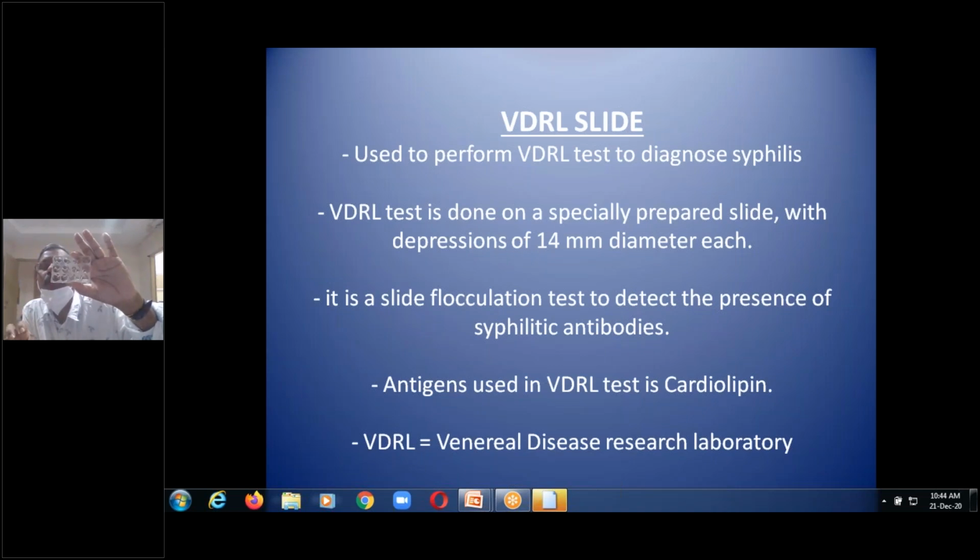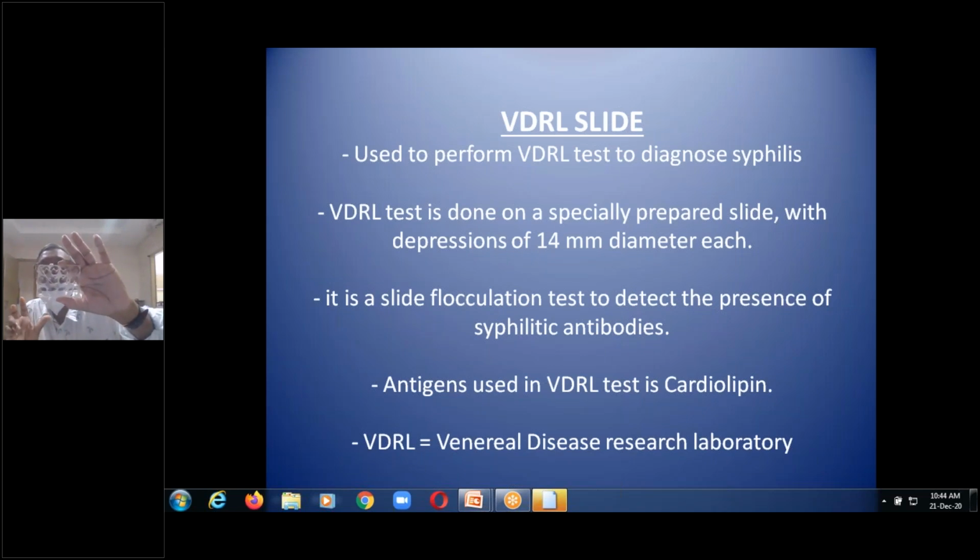This is the slide flocculation test for the detection of Treponema pallidum syphilis antibodies. So this is a special slide for the detection of syphilis antibodies.